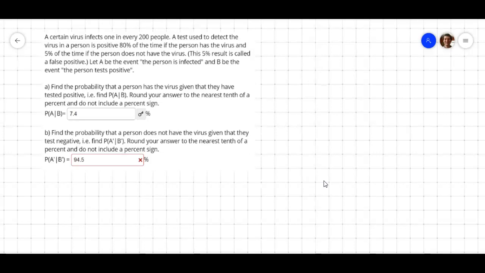That's a false positive. So with numbers like this, I like to take, so 1 out of every 200, let's just say the population. What would happen if we had a population of 200,000?